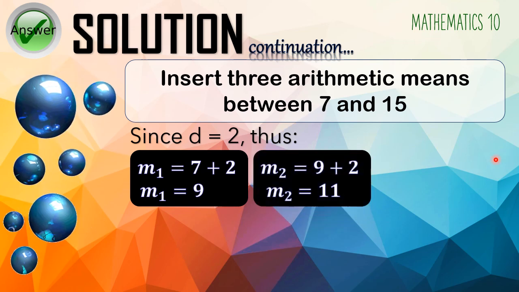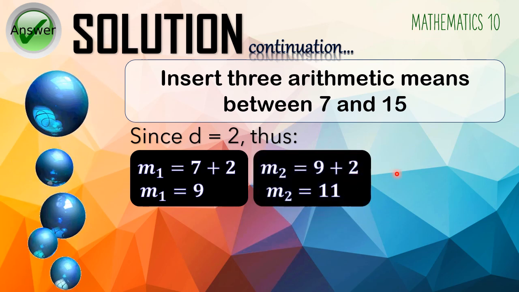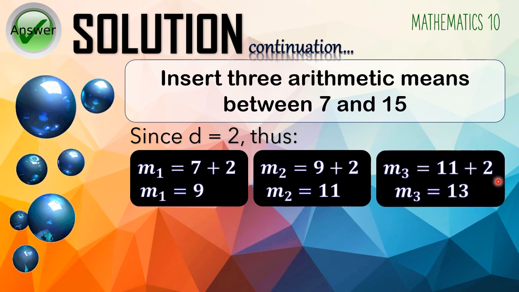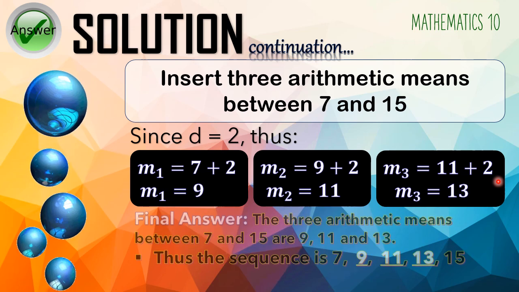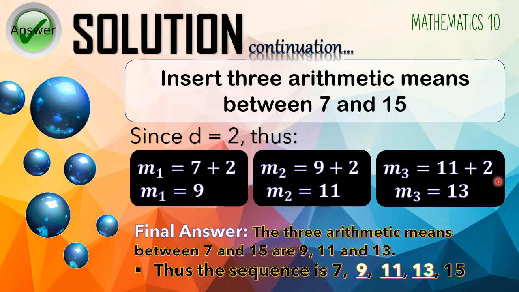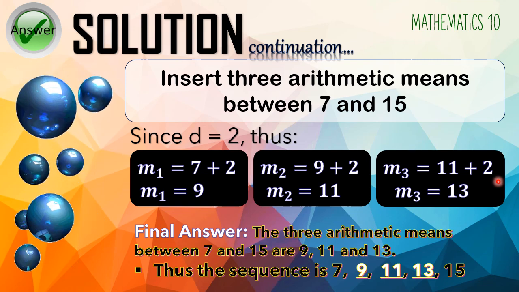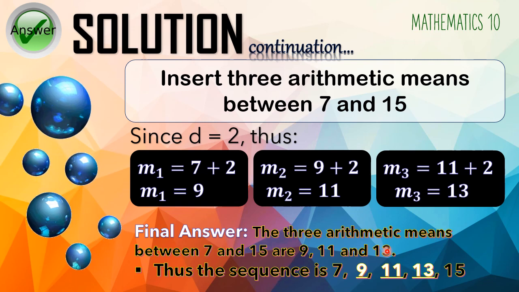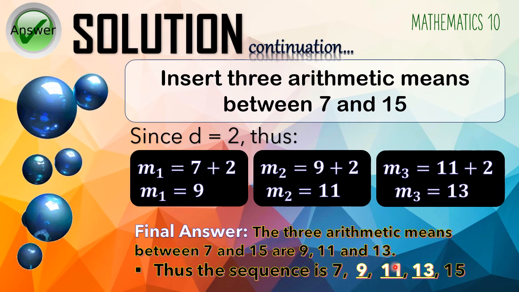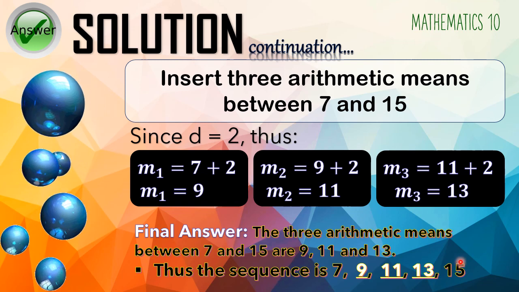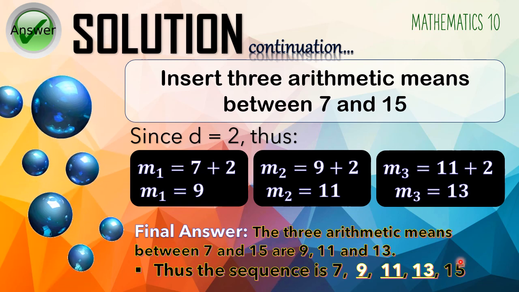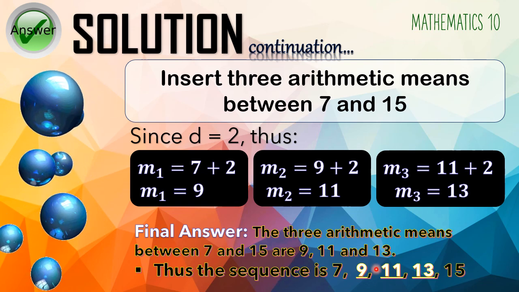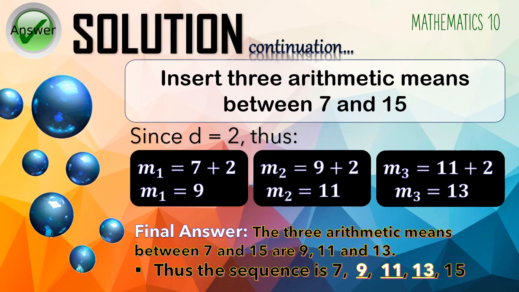Then 9 plus 2 is 11. And lastly, 11 plus 2 is 13. So we can conclude that the three arithmetic means between 7 and 15 are 9, 11, and 13. Completing the sequence, we have 7, 9, 11, 13, and 15. So again, the arithmetic means here are the three numbers in between 7 and 15: 9, 11, and 13. As easy as that.